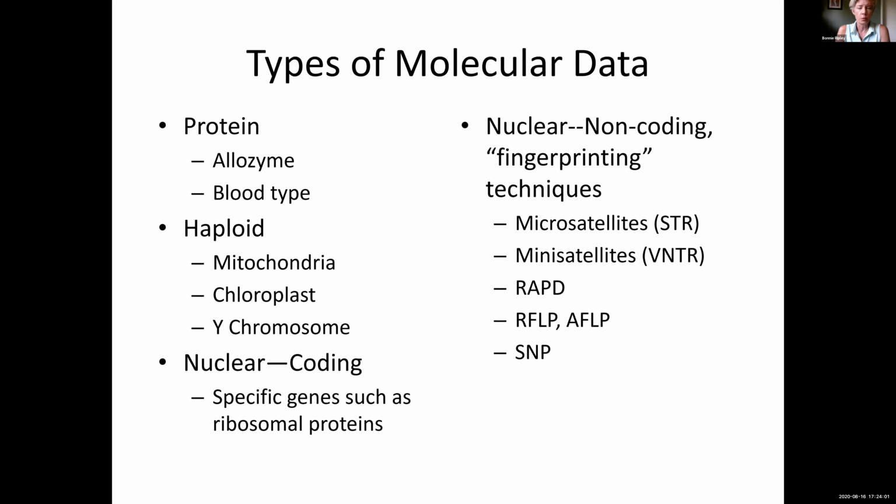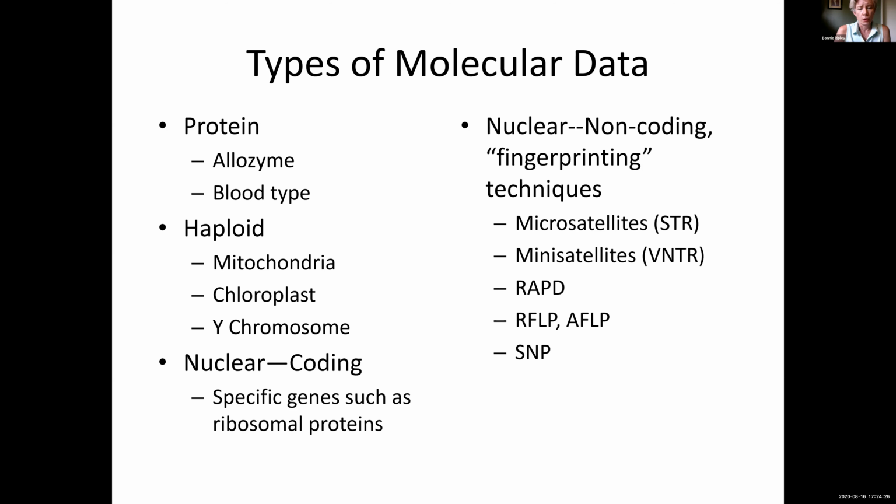This is different from using characteristics of the skeleton or behaviors or anything that isn't proteins or DNA. When we look at different types of evidence, we see that we can look at proteins that are going to be a way to allow us to distinguish between different genetic changes.